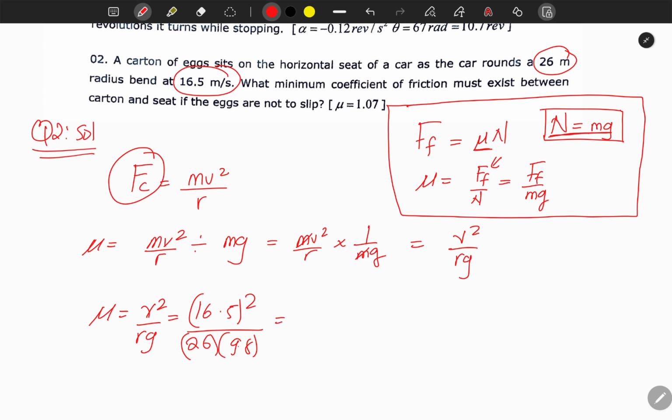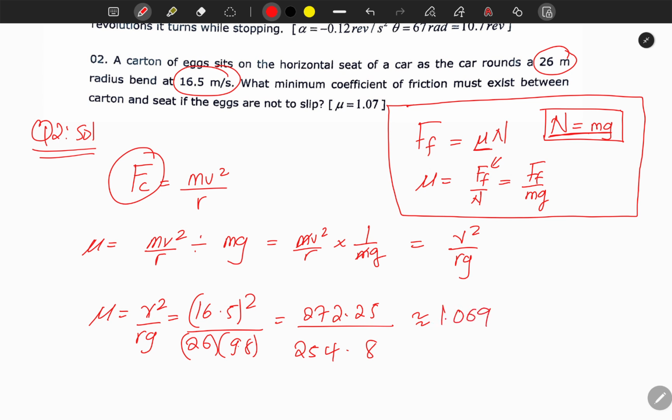So let us punch everything in now. On top here, I'm getting 272.25, and down here with 9.8, I'm getting 254.8, which is approximately 272 over 254, giving 1.069.